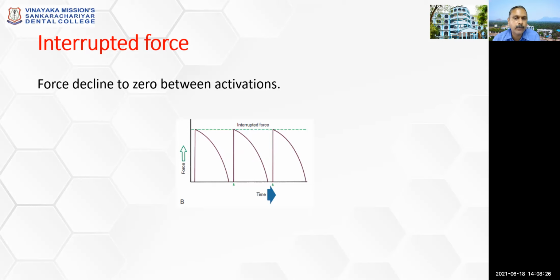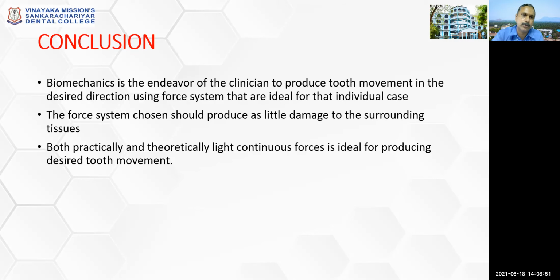That is why after some time, it is taken out of the patient's mouth and fixed back. So there is a space, but it is not every day or at any time of your will. It can be a continuous force applied for some duration, but taken back from the patient's mouth. That is why there is a space. That is called an interrupted force.